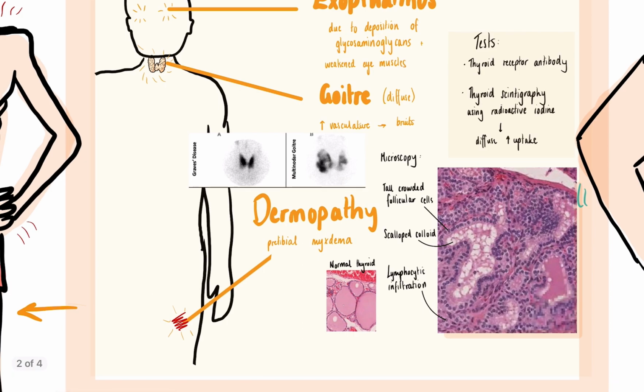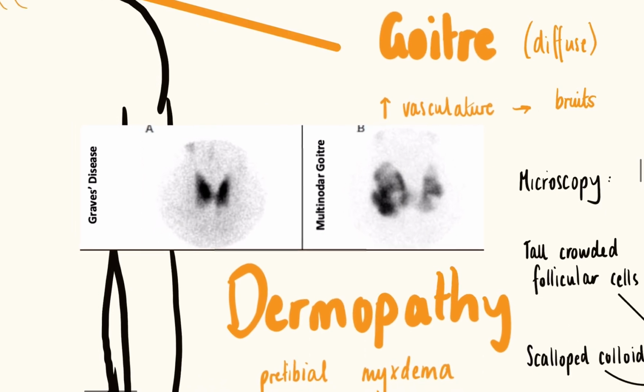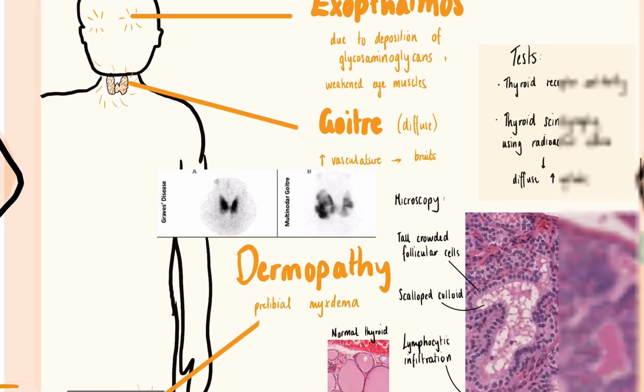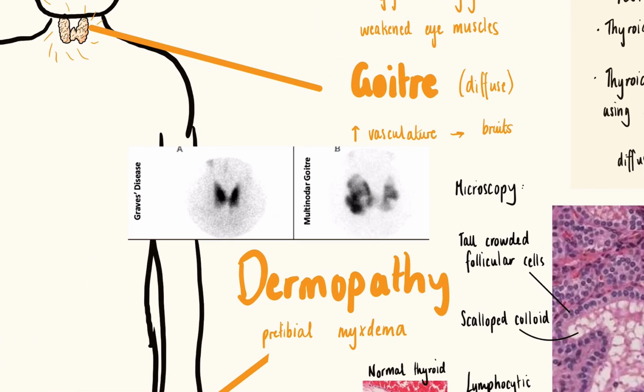You also get diffuse goiter, which is due to the increased size of the entire thyroid gland. This can be seen in this image of a radioactive iodine uptake, which shows a diffuse uptake of iodine, as opposed to, for example, multinodular goiter, where you can see there are lots of areas of increased or decreased iodine uptake.